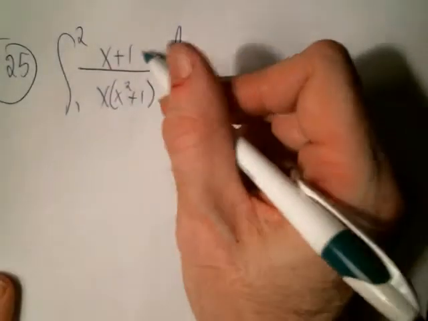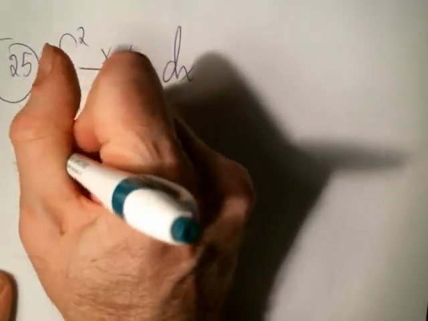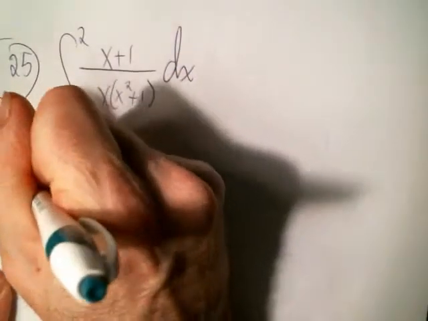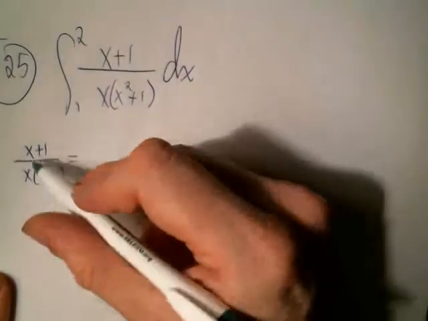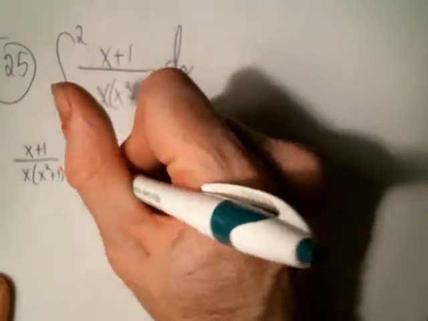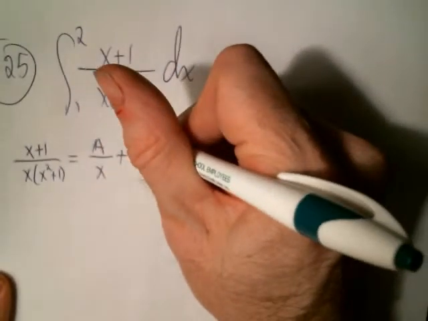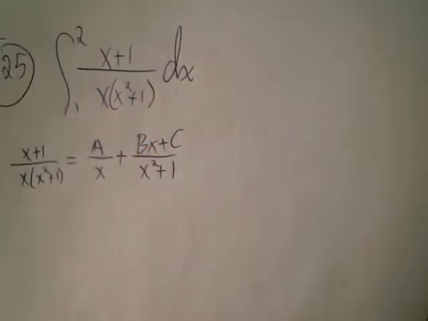Again, the numerator's degree is less than the denominator's degree, so I'm going to be doing partial fractions. Here I have an irreducible quadratic. So first off, A all over x for the linear part, and then plus (Bx plus C) over the irreducible quadratic.